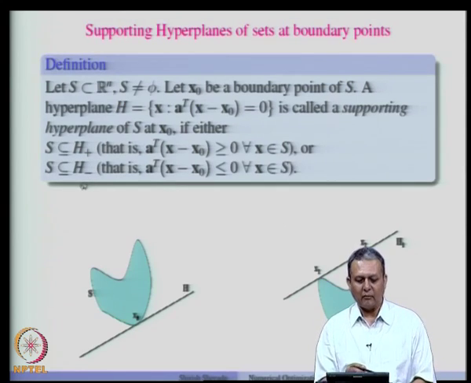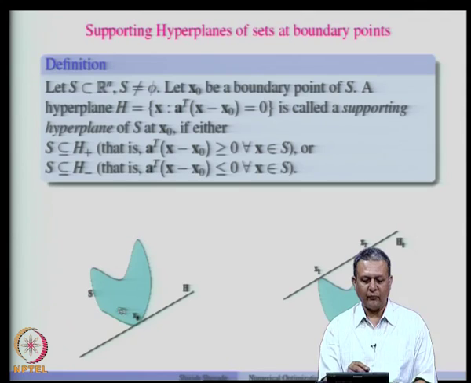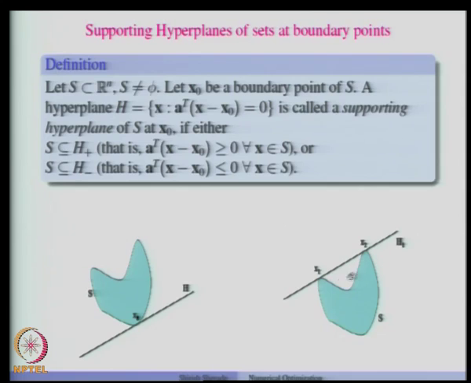Now, here are some examples. On the left side you will see that the set S is given and x0 is the boundary point of S. Then there exists a hyperplane such that the entire set S lies in one closed half space of this hyperplane. Similarly, you can see that this is another supporting hyperplane for the same set S. Now, you will see that it is touching the set at 2 points.